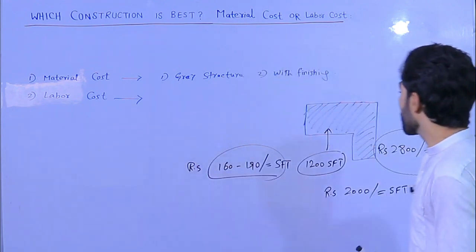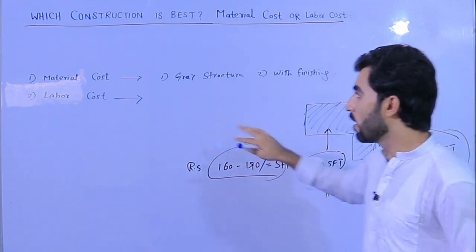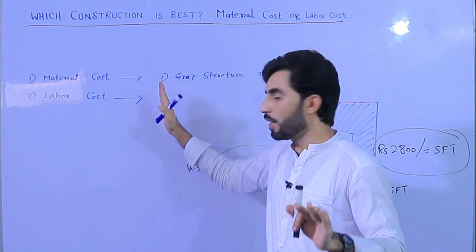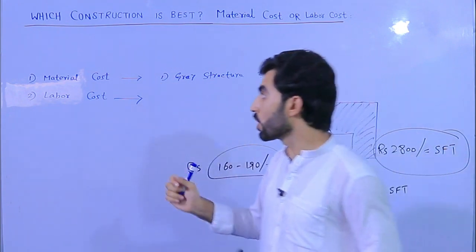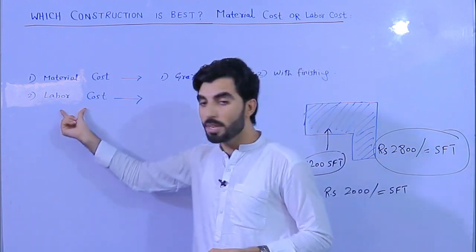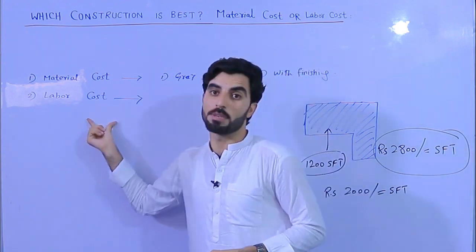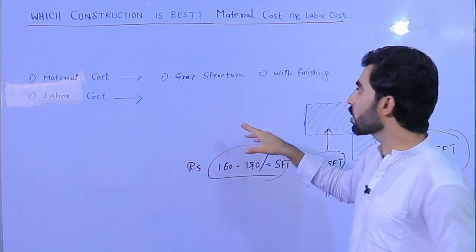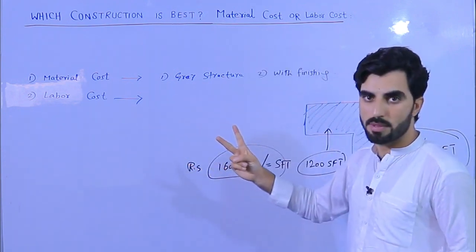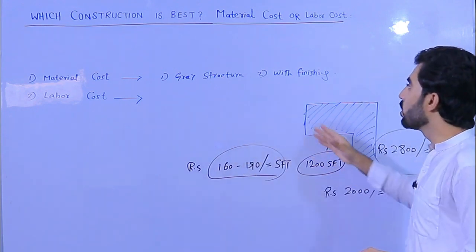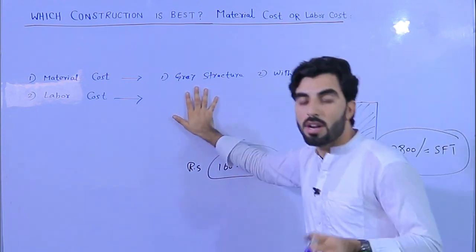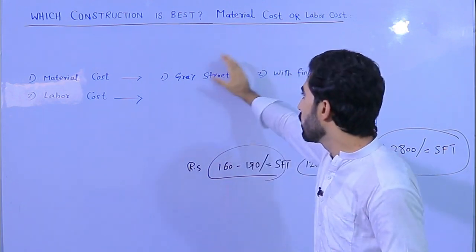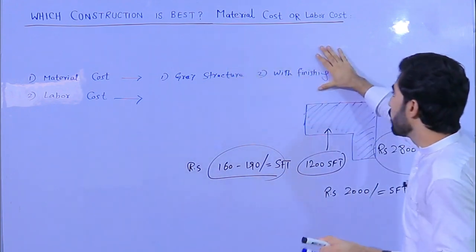Now guys, remember, as I told you, if your budget is low and you cannot afford it, and you want a long-term policy, labor cost is best for you. But in material cost, you can do the construction in two terms. First, you give them the house construction by material cost on gray structure or with finishing.